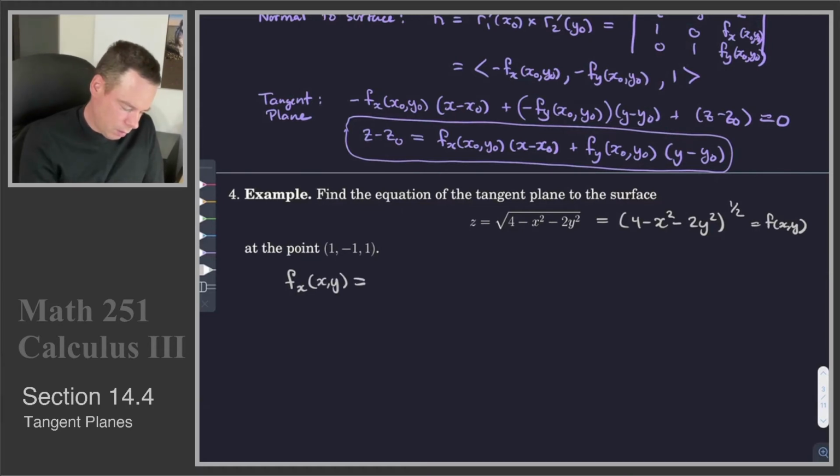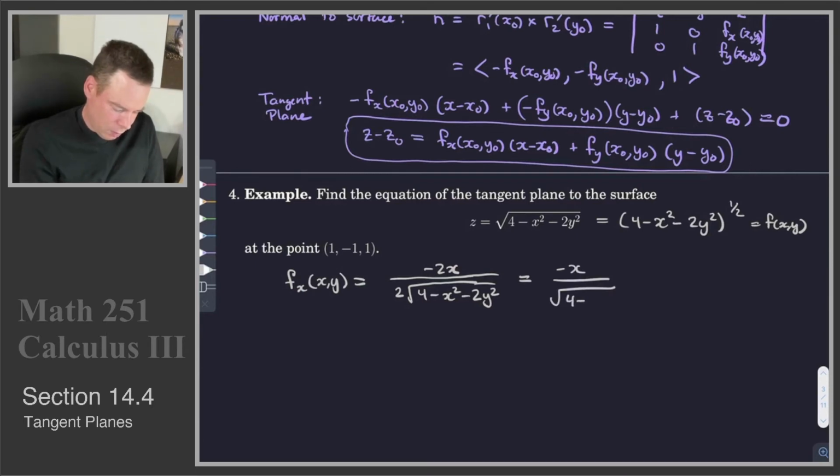So that's going to be 1/2 comes down, so that's 1 over 2, and then the square root gets pushed to the bottom. That's from the power rule. The exponent becomes a negative 1/2, so that's a square root in the denominator. And then we multiply by the derivative of the inside, so that's going to be a negative 2x. So we have negative x over the square root of 4 minus x squared minus 2y squared.